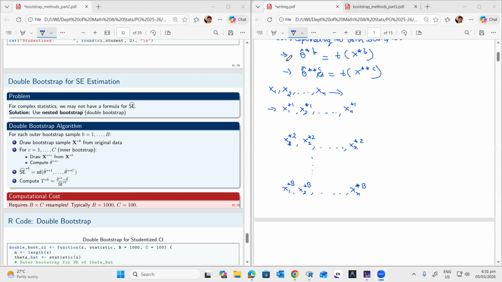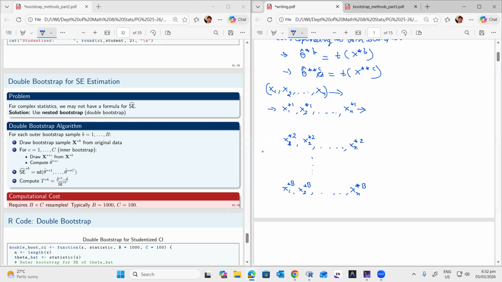Okay, so now what do we need to do after this? Anyone? So now again we use this sample as a mini population, as we were doing before.